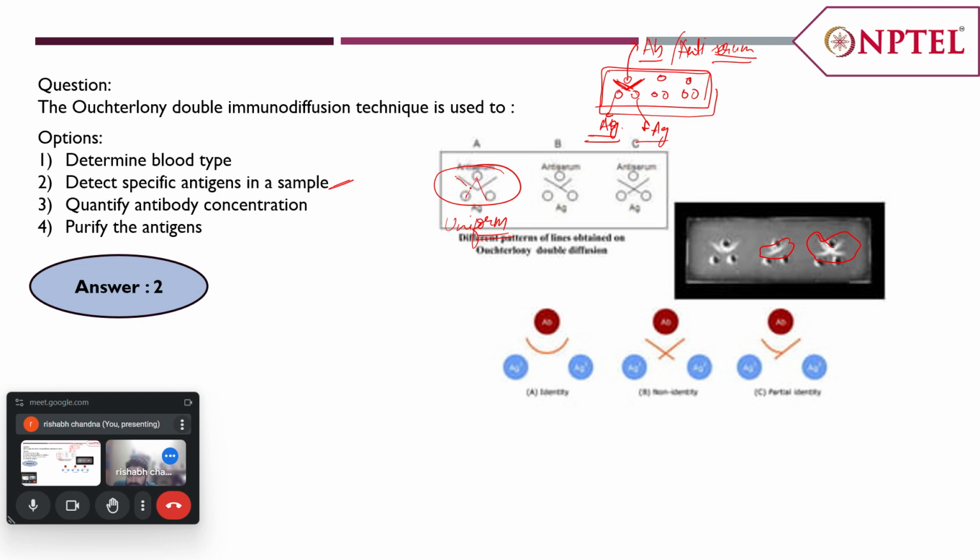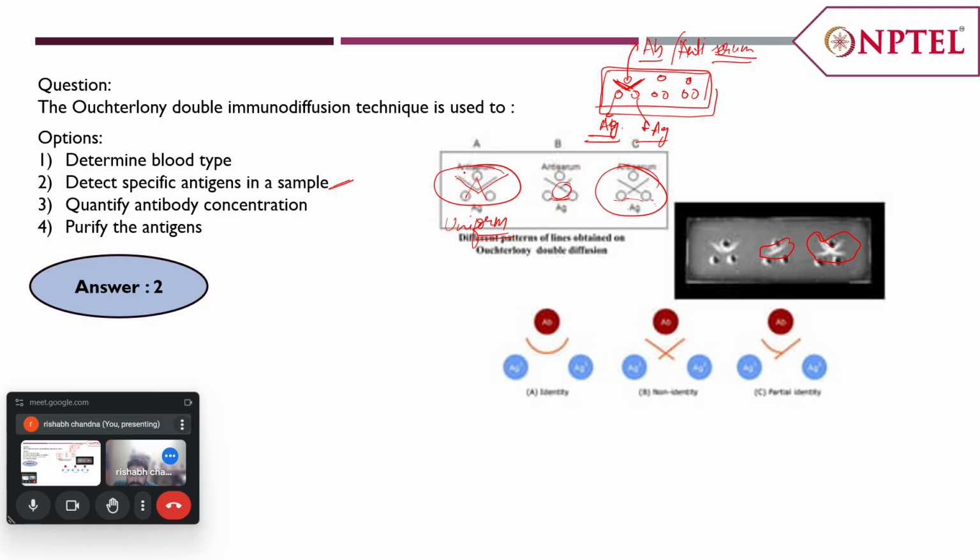That is why it's a straight line. If we see lines like these, this means there is partial identity between the antigens. And this means that it's full identity between the antigens, so the antibody can interact with both.